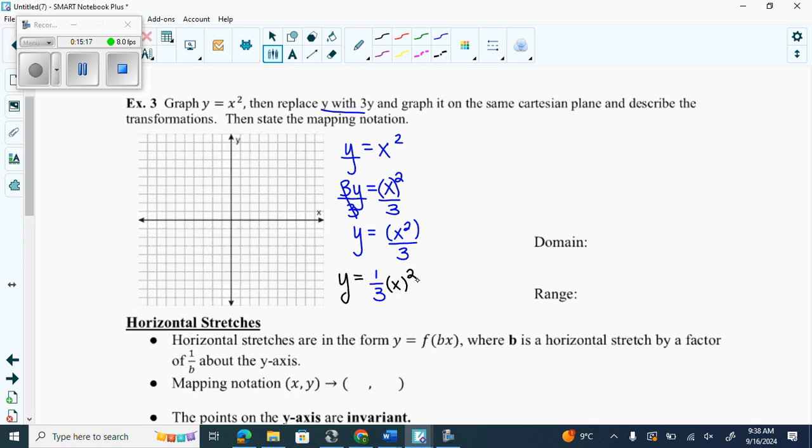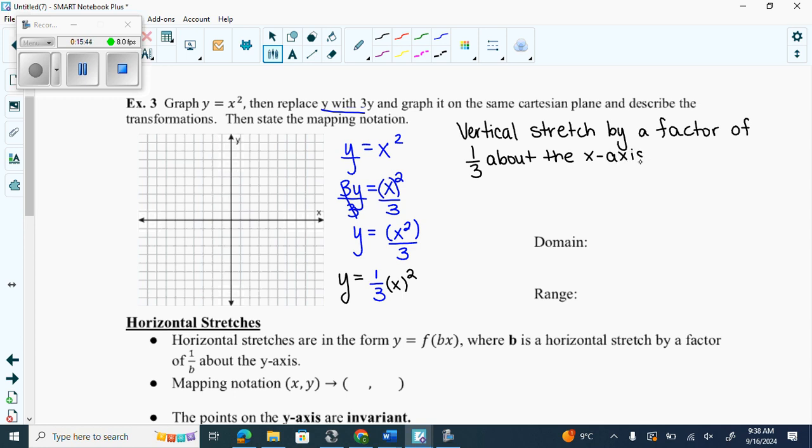So we'll just talk about the transformations and mapping. We won't draw the graph for now. So what is this? This is a vertical stretch. It's not with the x. Vertical stretch by a factor of what? Of 1/3. About what axis? So if it's affecting the y's, it'll always be about the x-axis.